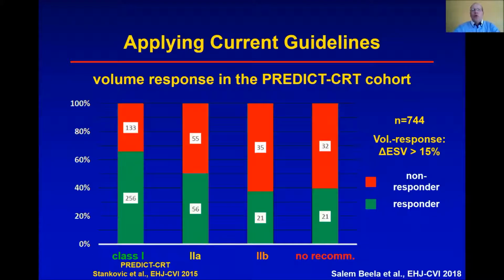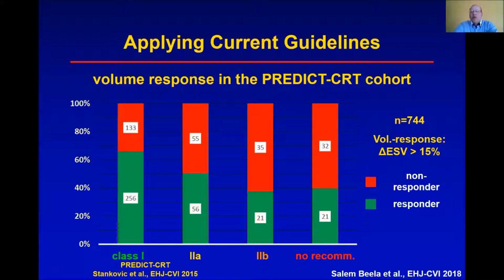And we also know that these class 1 to 2A and 2B recommendations do not really predict the response of the patient very well. This is an analysis which we did in our Predict CRT cohort, which we published a few years ago. In this analysis, we could see that patients with a class 1 indication showed this typical 30% non-responder rate. But the 2A and the 2B indications also had a lot of non-responders.